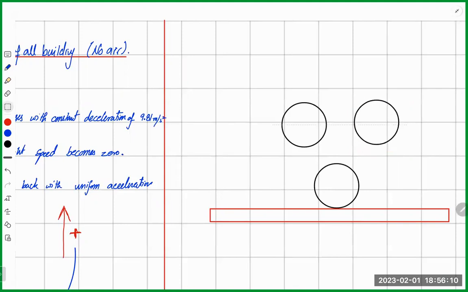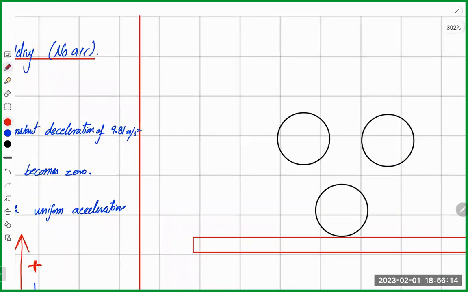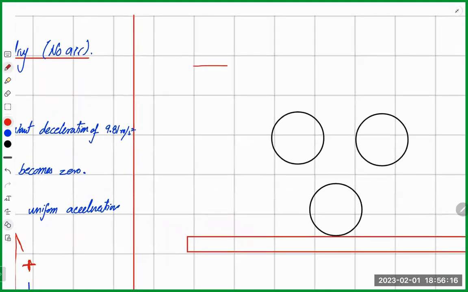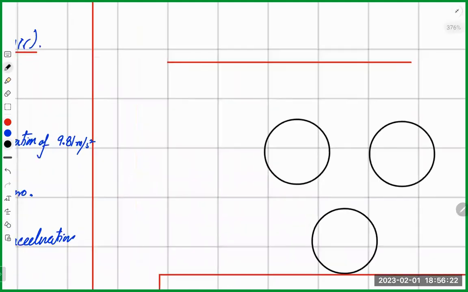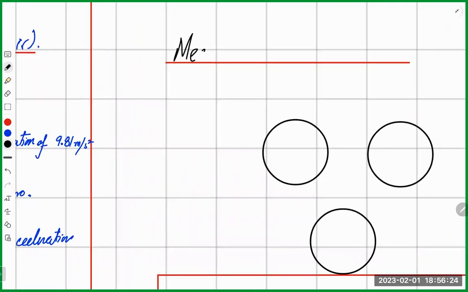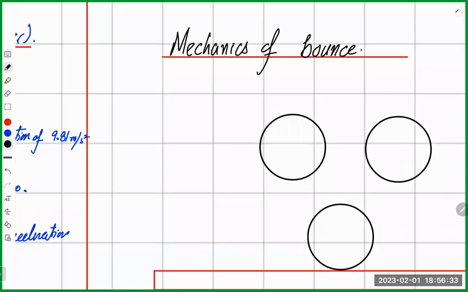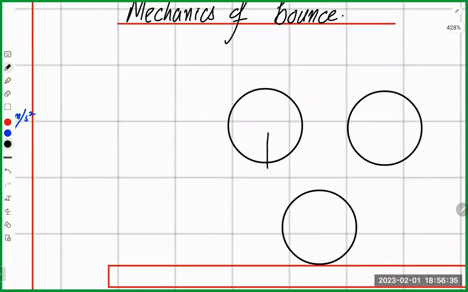Now, this is a bouncing ball. Mechanics of a bounce. So this object is falling down.